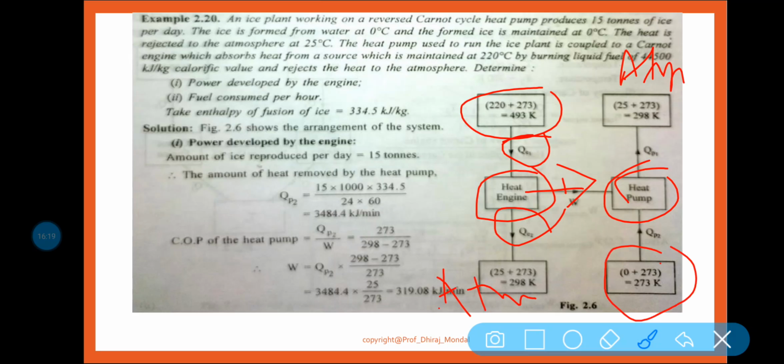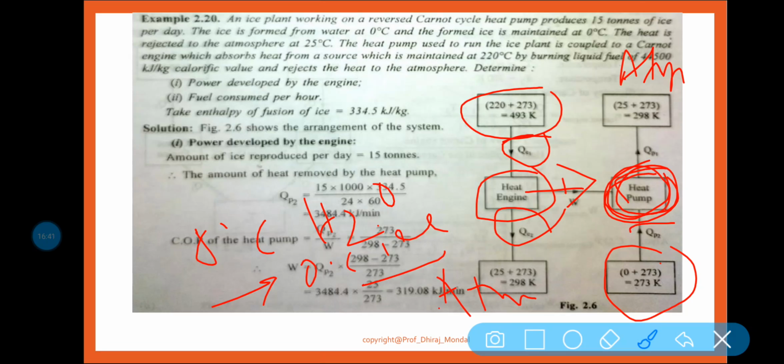From the system, 0 degree centigrade water should be replaced by 0 degree centigrade ice, and it should be maintained. Okay, so by the help of this refrigeration system, by the help of this heat pump it is maintaining.